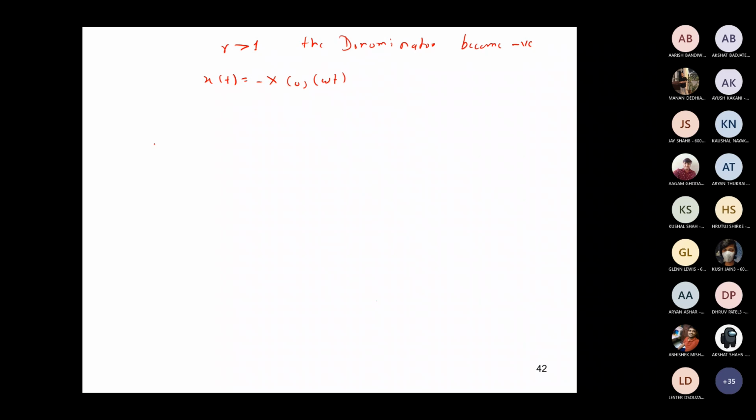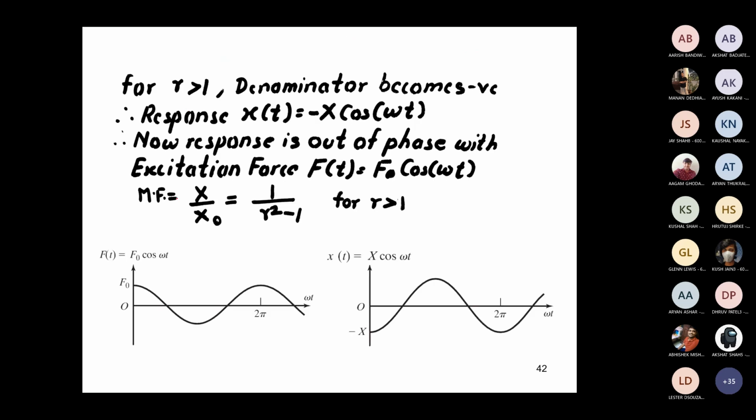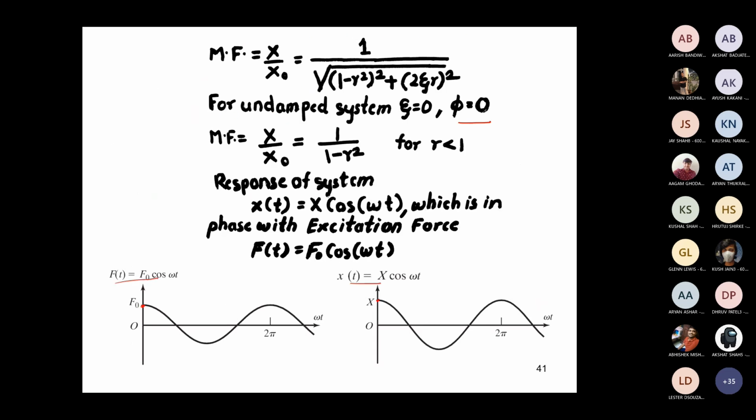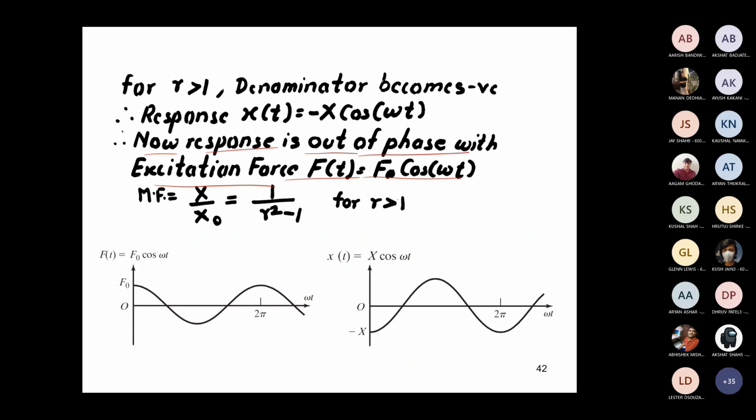When you plot the applied force f of t equal to f0 cos omega t, the graphs are in this form, and now the response is said to be out of phase with the excitation force. So in the earlier case it is in phase, and in this case it is out of phase. Any questions?